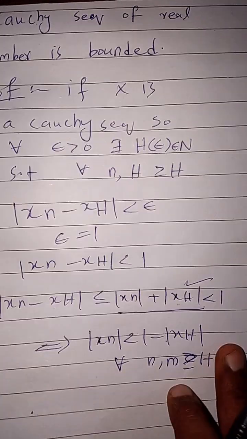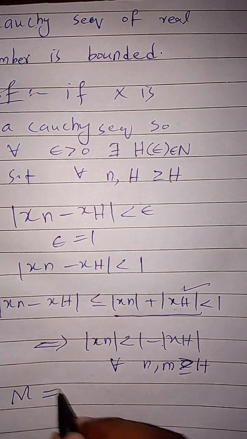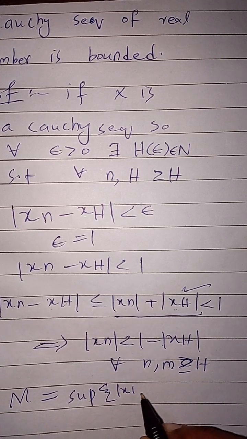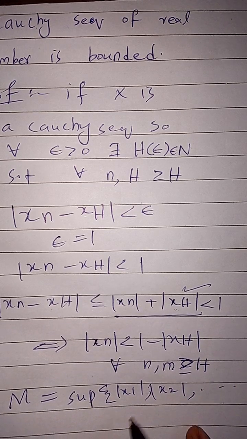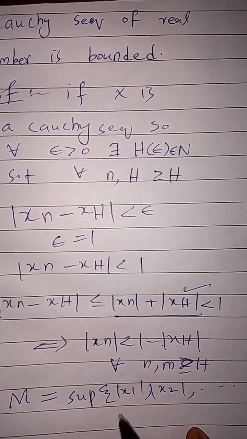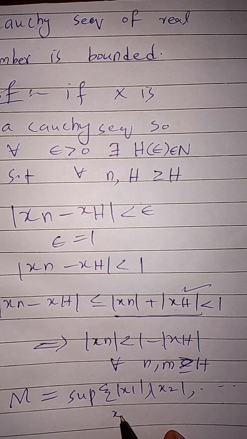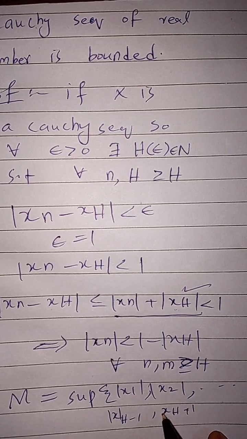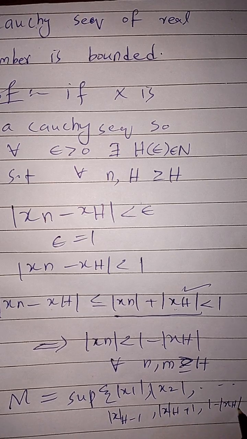So we are supposing here now, let M be the set of those numbers which are greater than mod x_H minus 1, mod x_H plus 1, and 1 minus mod x_H.